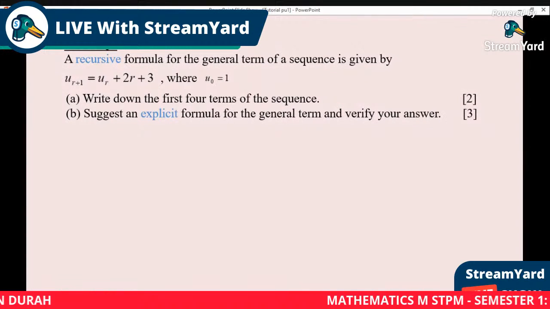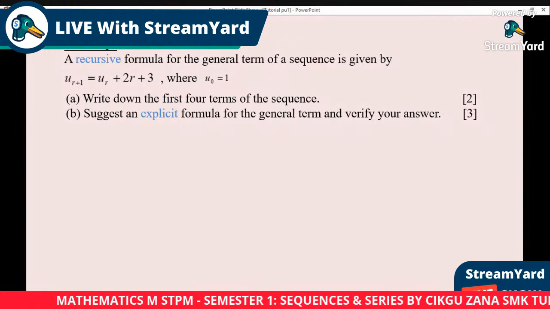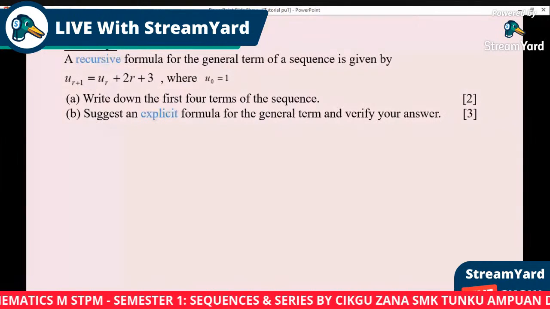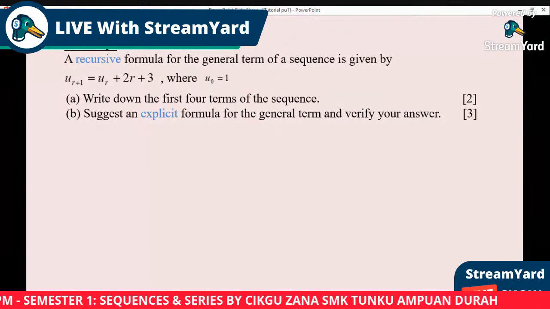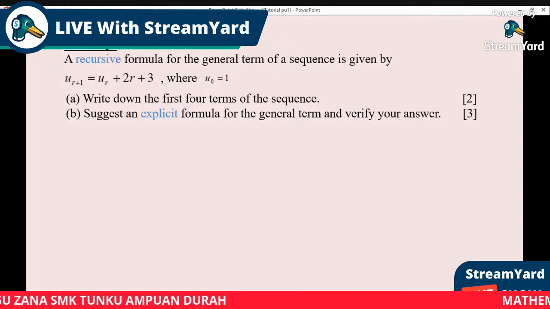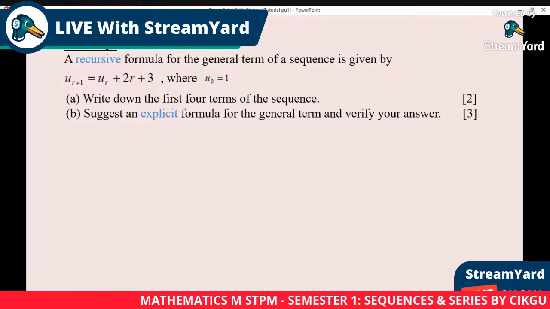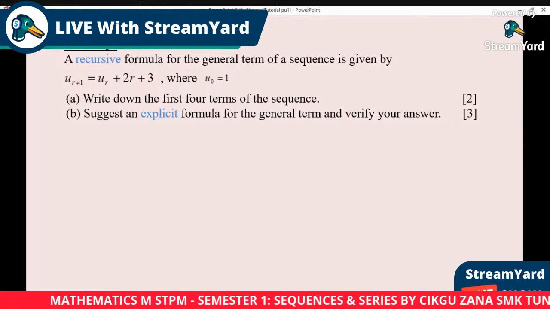The first concept that you must learn is the definition of sequence. So we have a question on the definition of sequence. It was asked in year 2015, question 2, whereby all of you have answered it. All of you managed to write down the first 4 terms of the sequence correctly.